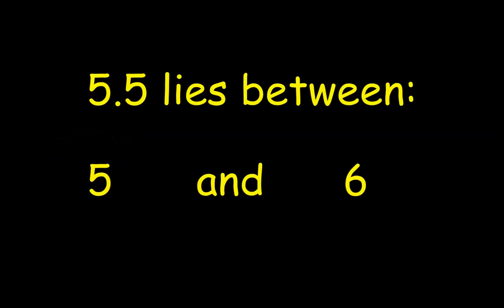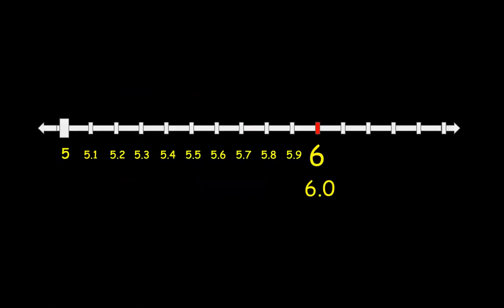So look at 5.5. Now, 5.5 also lies between 5 and 6 on the number line. So let's go. 5, 5.1, 5.2, 5.3, 5.4, 5.5. Now, if you look at the number line, you go, well, it's halfway. It's the same distance from 5 as it is from 6.